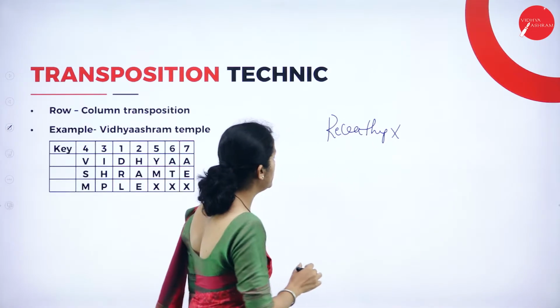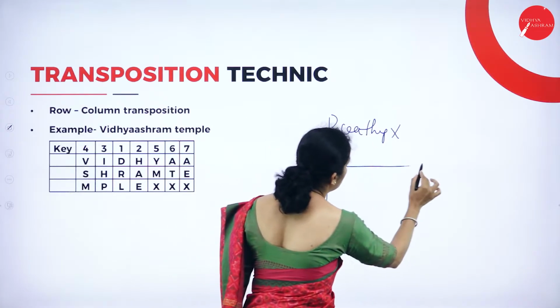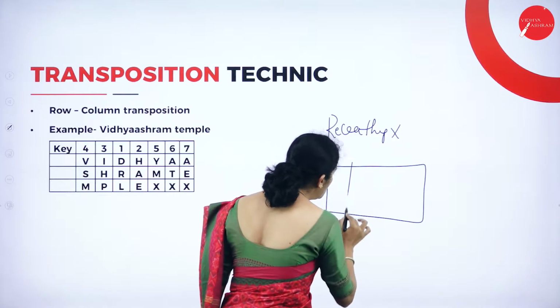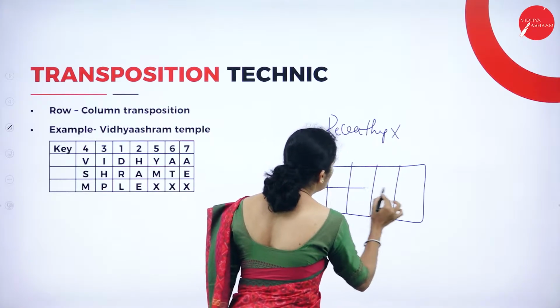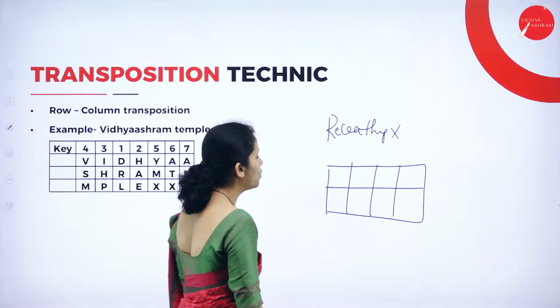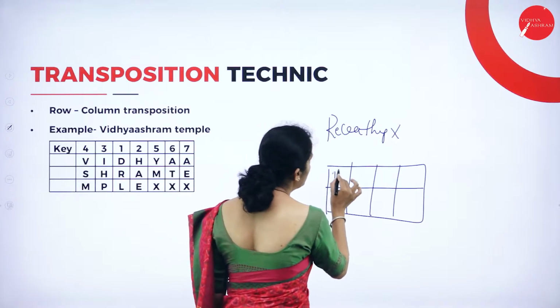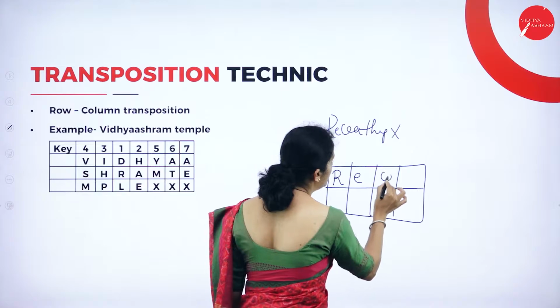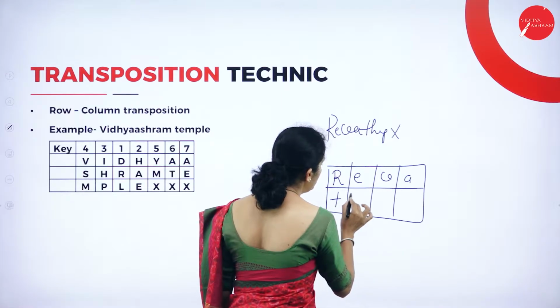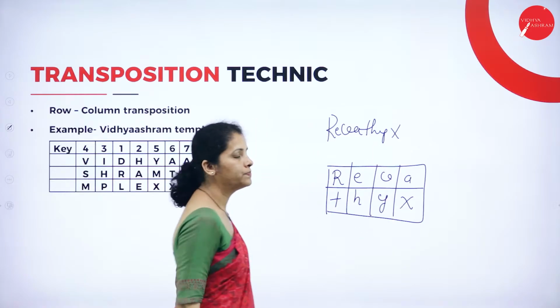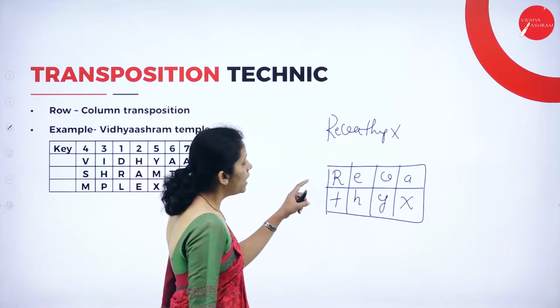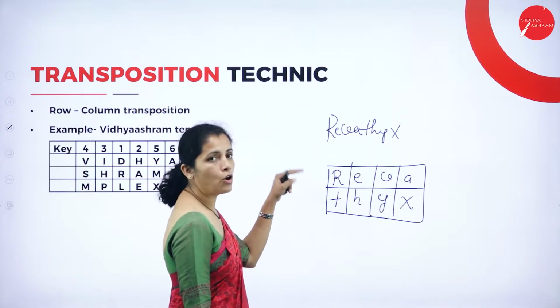And I'm going to draw the table. So here I'm going to draw 2 cross 4. That means 2 rows and 4 columns. And I'm going to write REVATHY and X. Now, I want to read column wise.